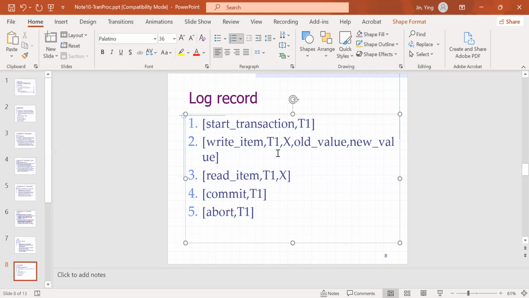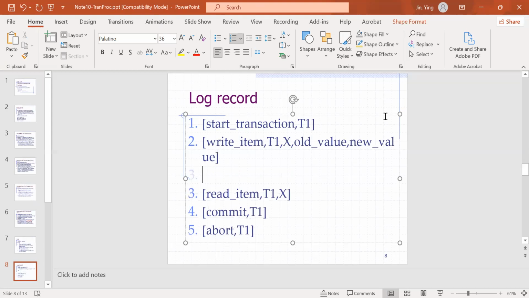And we can have many transactions running at the same time. So it is not surprising to see, in the middle of that, another start transaction, T2 here, and we can have other operations on T2. So we can have transaction interleaving here.